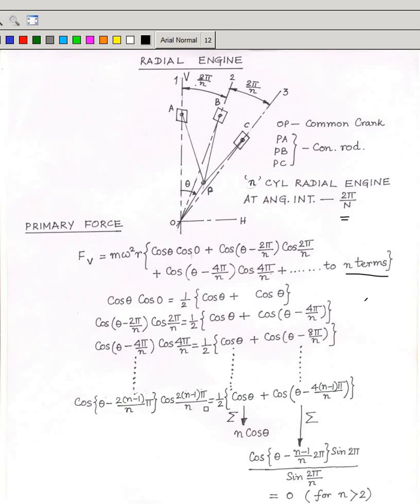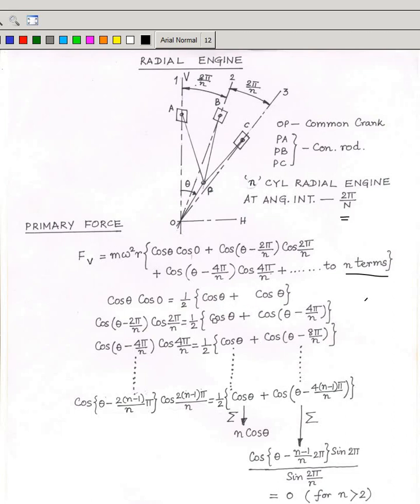Here again the component along the vertical direction is cos 2(n − 1)π/n. So now if you use the formula cos a cos b equals half of cos(a + b) plus cos(a − b), that is cos(a − b) plus cos(a + b). So this is what you get.